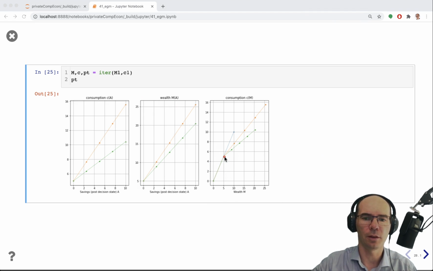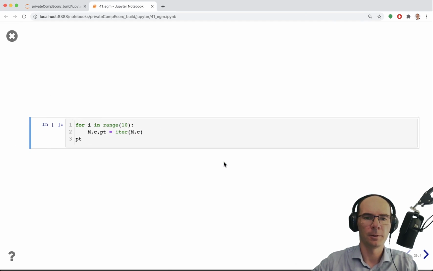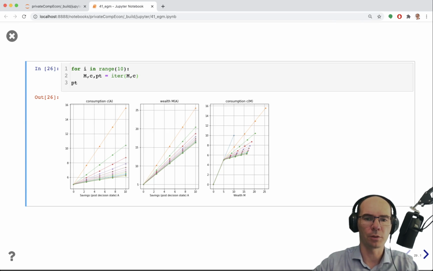And then that corresponds to this point here. We can actually do it for many iterations, and you can see that the shape of the updated consumption curve is staying the same.